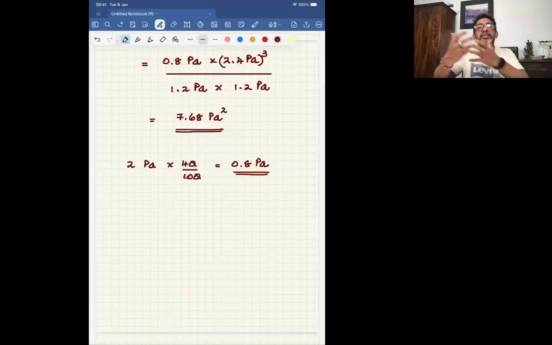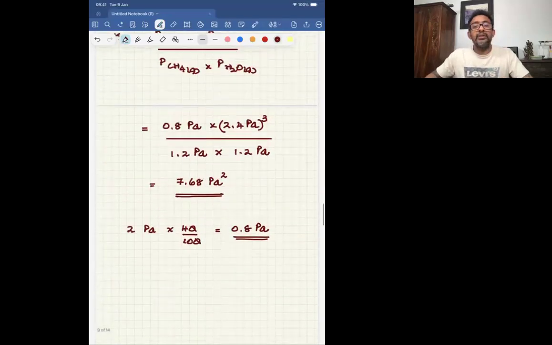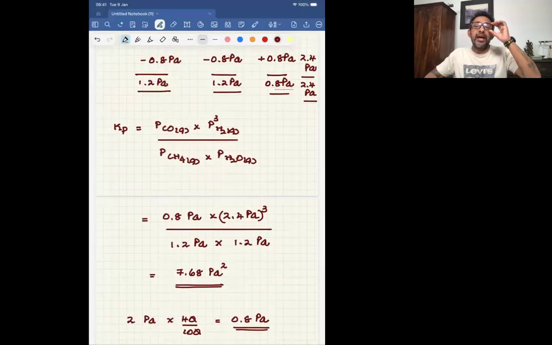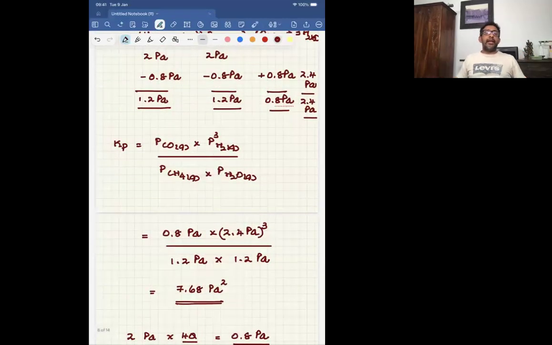That is the amount that has reacted. Did you understand that? 40% of methane has converted. Everybody got it? Any other questions? Good. Very good.